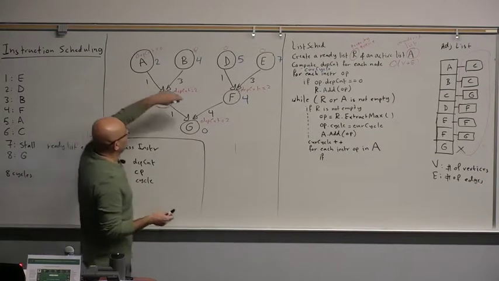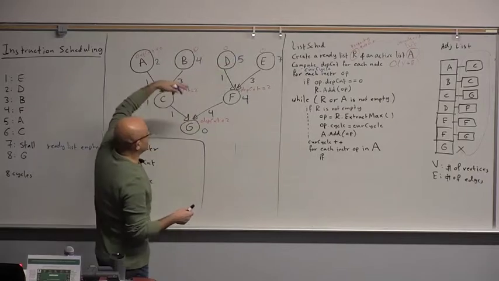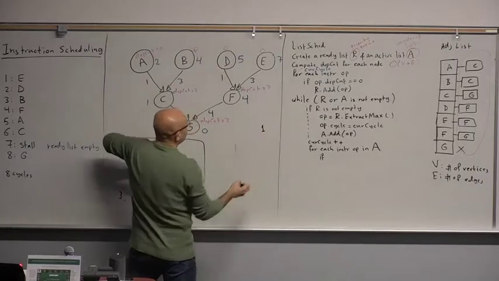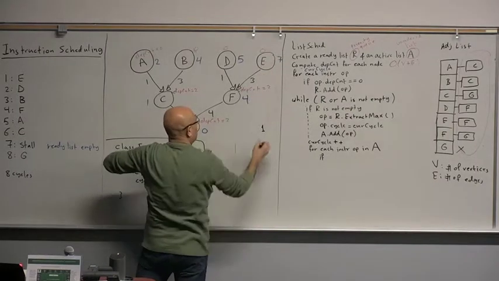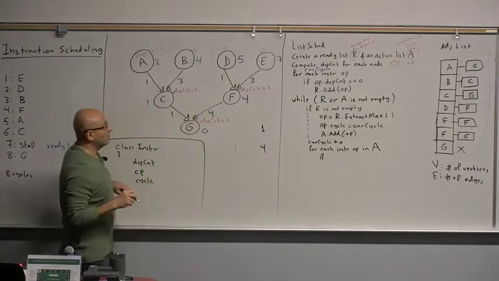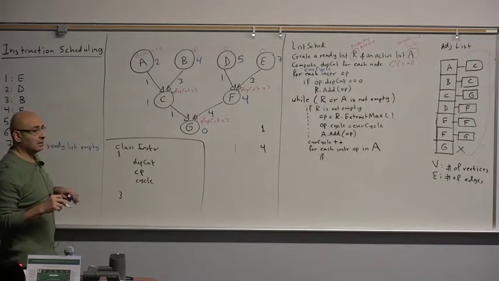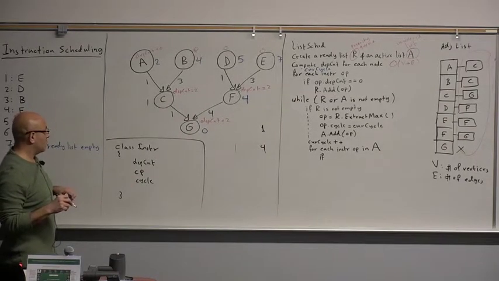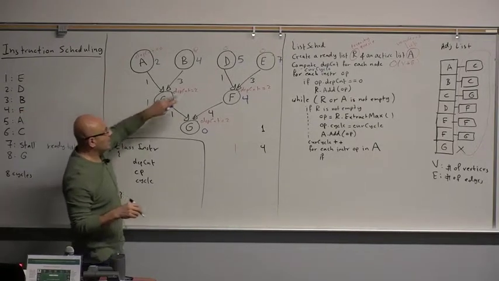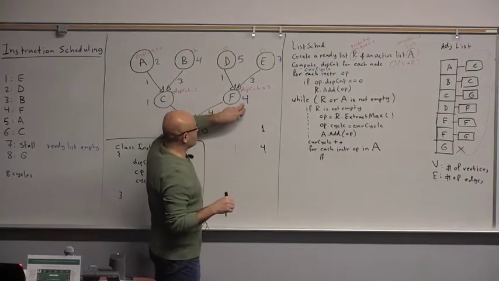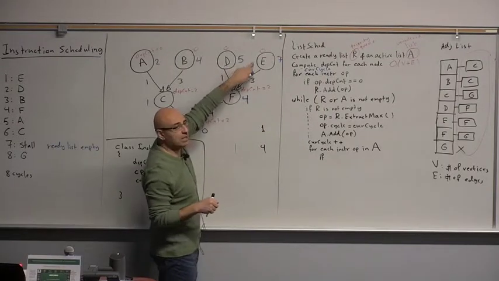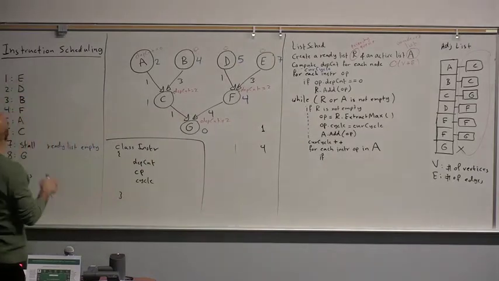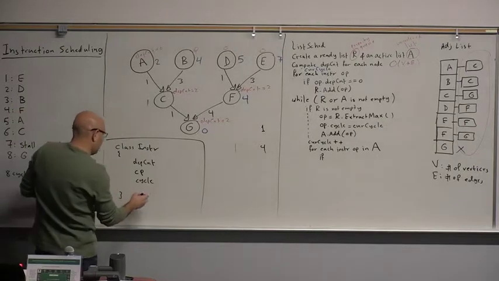How do we know that it's done? So for example, E is going to be scheduled in cycle 1, and it will be done in cycle 1 plus 3, which is 4, right? So when the current cycle becomes 4, what is 4? 4 is equal to the cycle in which we put E, which is 1, plus its latency. So now we realize that we need to have the latency.